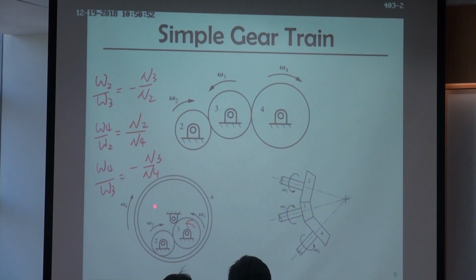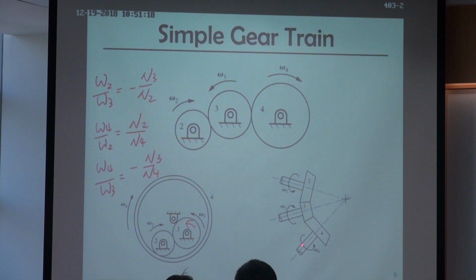So you'll find it's still not influenced by the teeth number of the middle one. Only the first one and the last one matter. The middle one just changes the direction, but does not influence the speed ratio. And this one is the same as this one, so I'm not going to calculate it.